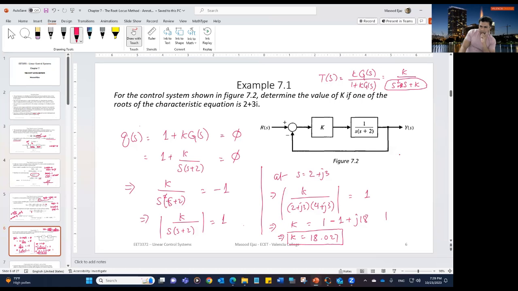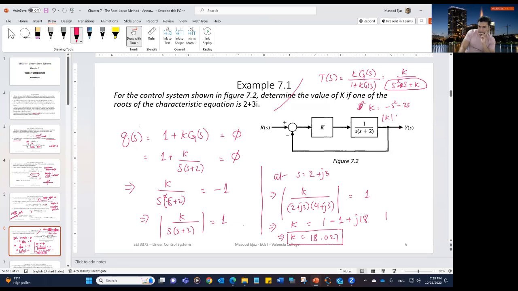All right, so let's do that. s squared plus 2s plus K. K is equal to negative s squared minus 2s.